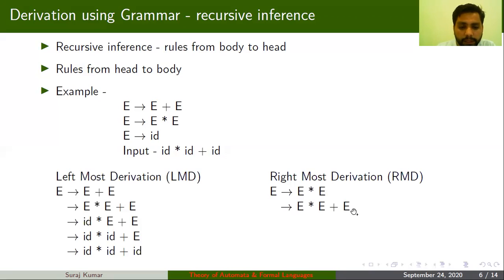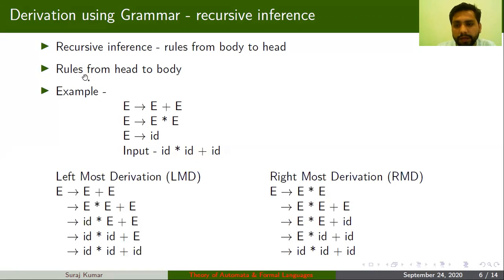In the next step, you replace this E, because this is the rightmost variable, with id. Similarly, now my rightmost variable is this one, so you can write it as id, and then again as id. So you will get the input string from the starting symbol.